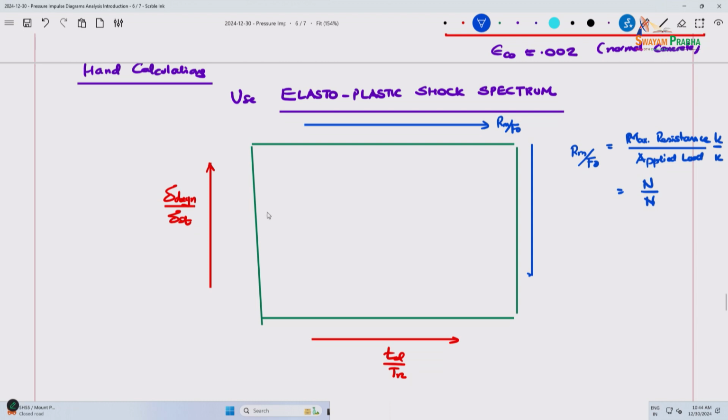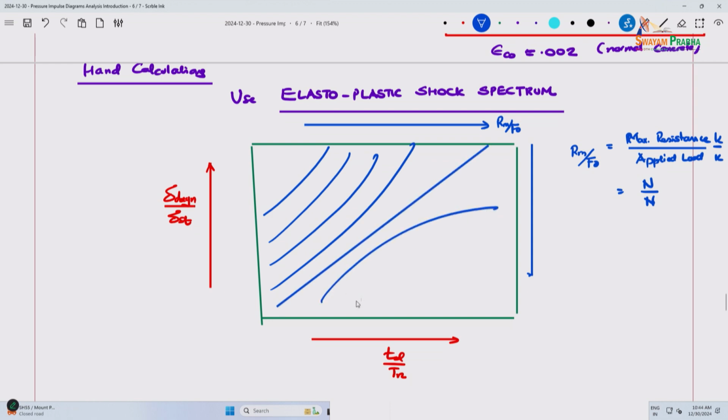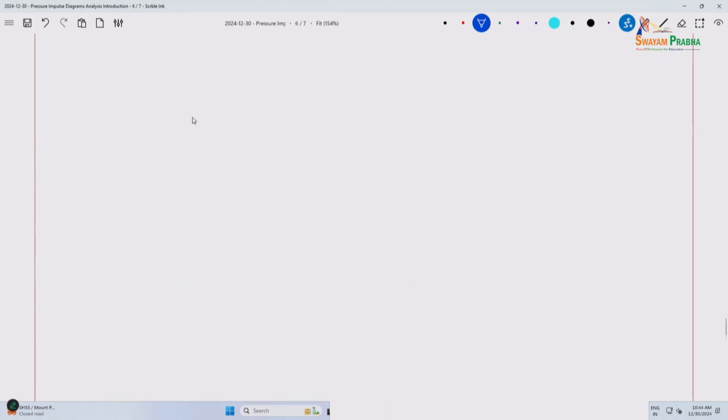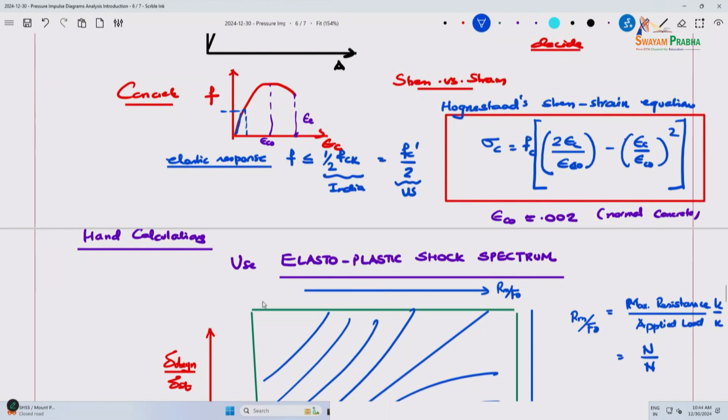And here you'll see curves that go like this, for different Rm by F naught ratios. It starts with 0.1 to 0.8. That tells you that the resistance in here is less than the applied load.